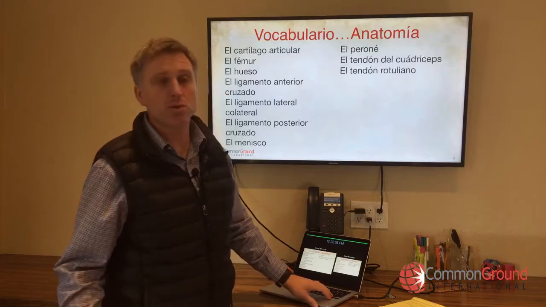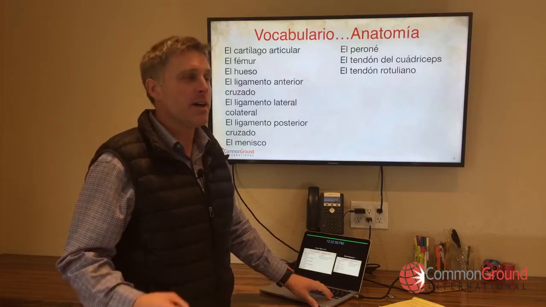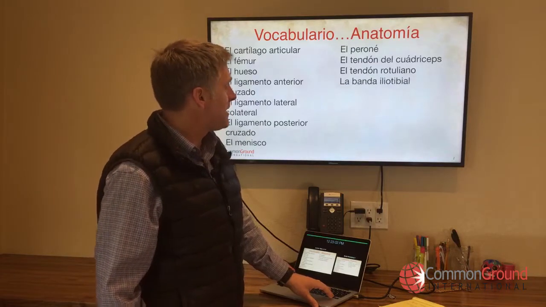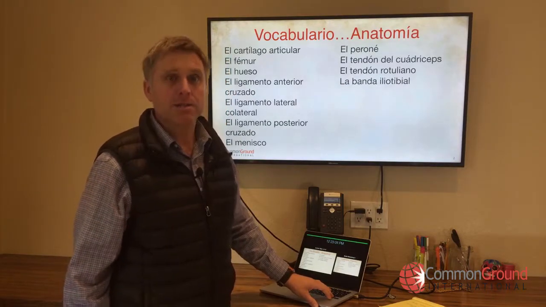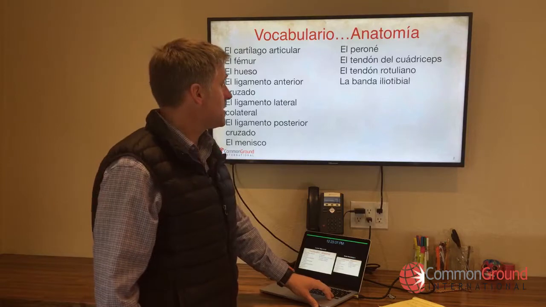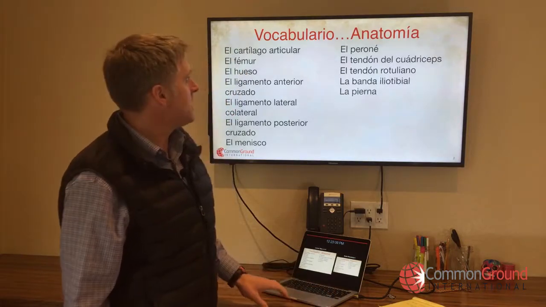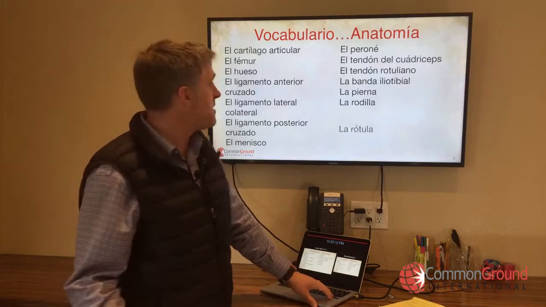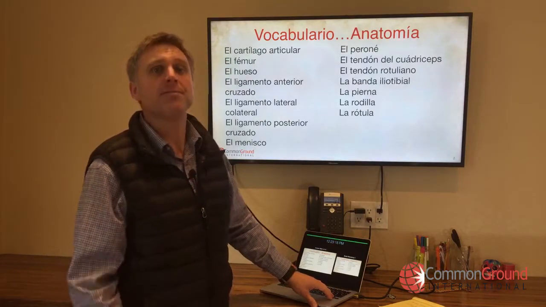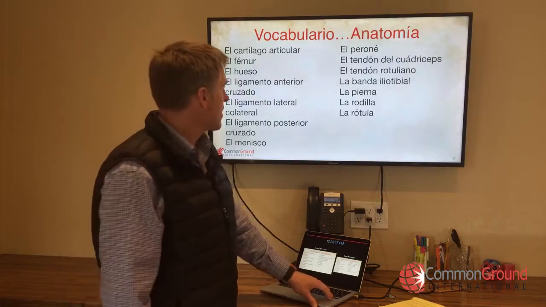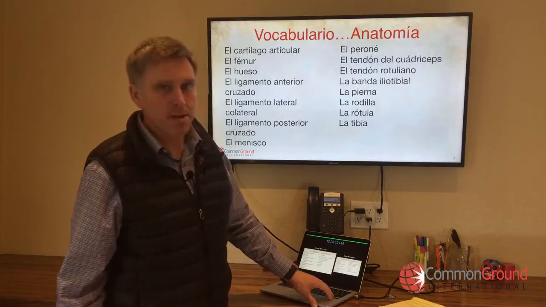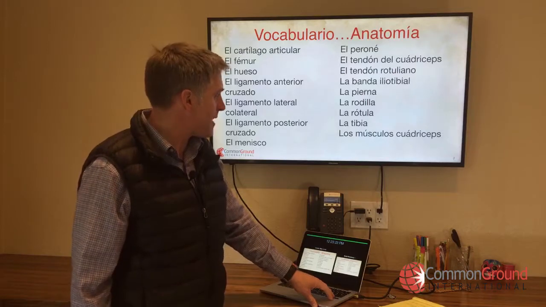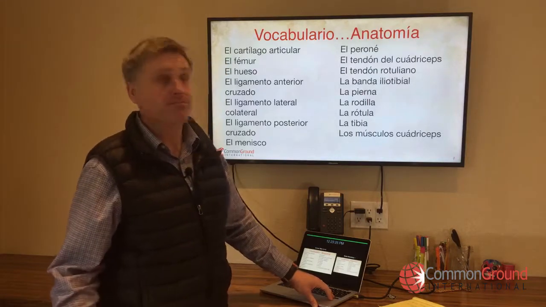El tendón rotuliano, so the patellar tendon. La banda iliotibial, so the IT band, iliotibial band. Y la pierna, leg. La rodilla, knee. La rótula, kneecap or patella. La tibia. Y los músculos cuádriceps. Perfecto.